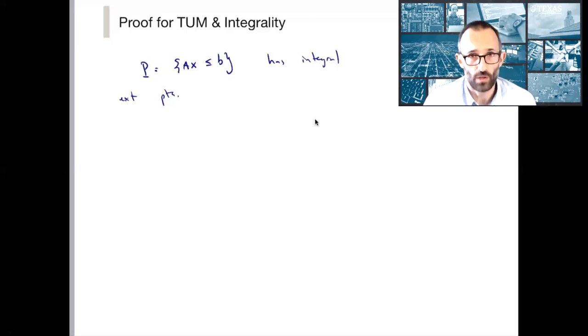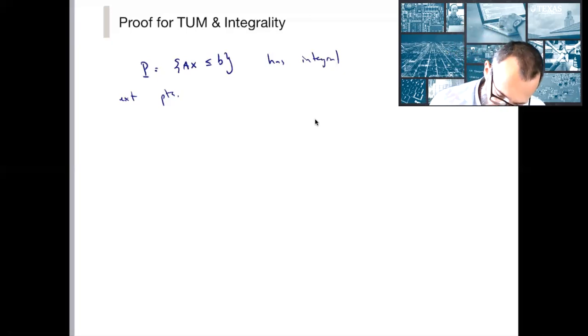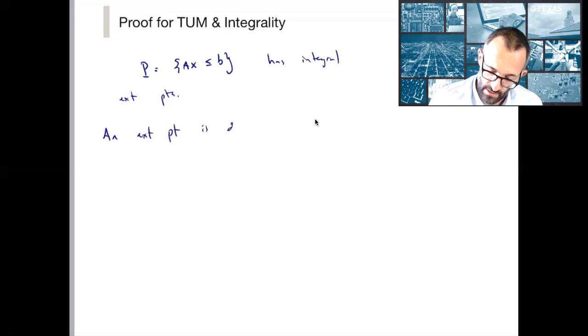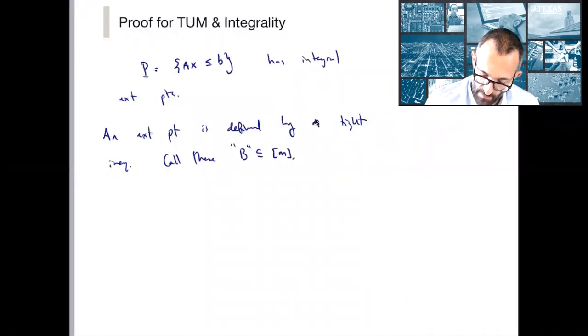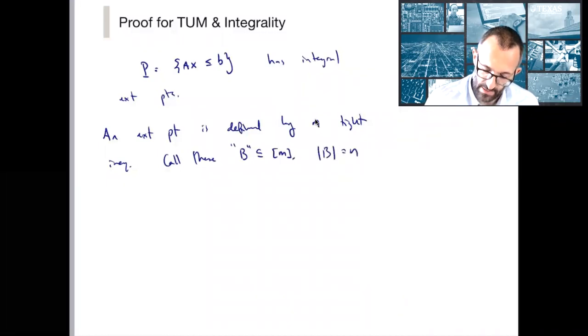So following our usual notation, let's note that an extreme point is defined by the n tight inequalities, let's call these B, as we've done before. So B is a subset of 1 to m, where B has size n.